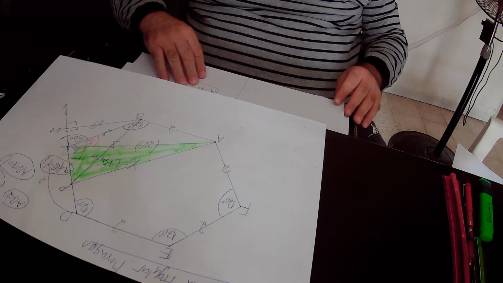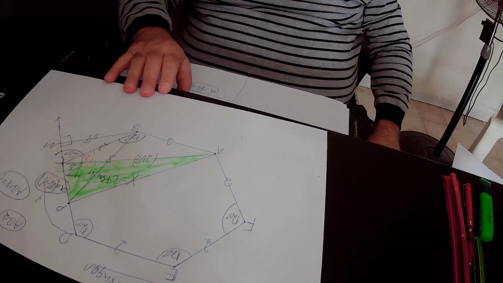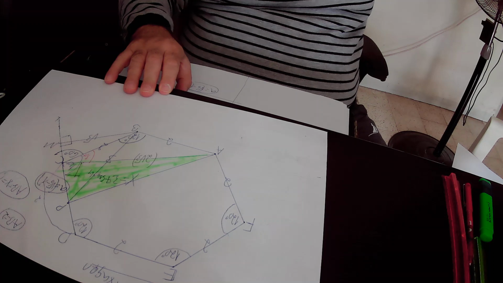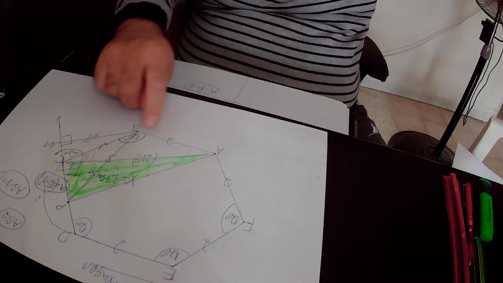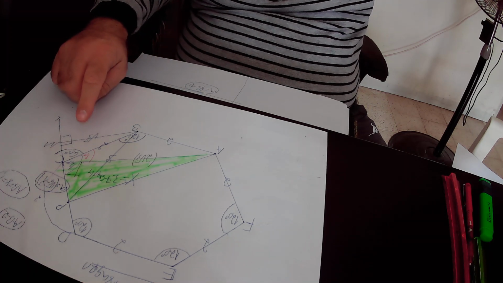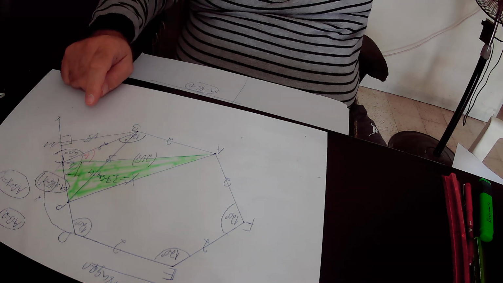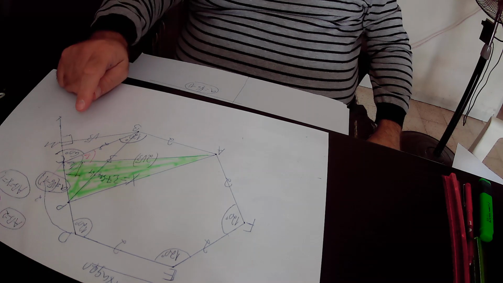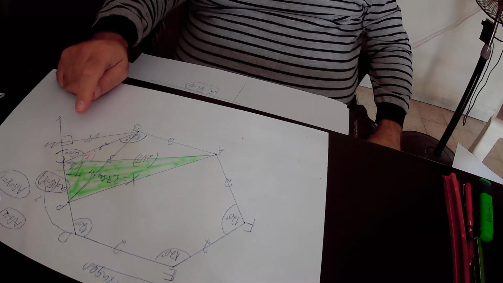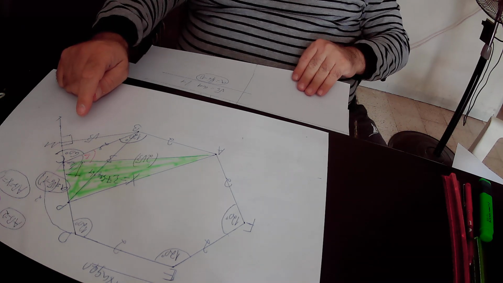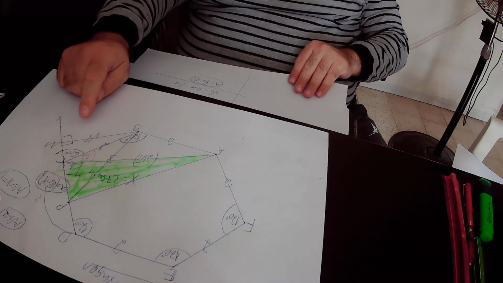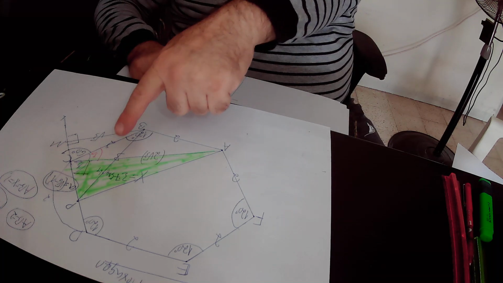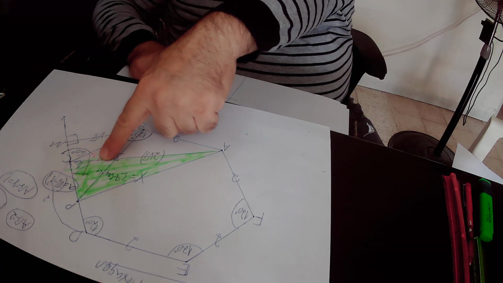In the next step, we join points A and C together by a straight line. By joining points A and C, in the next step, we focus on the right triangle PCB.